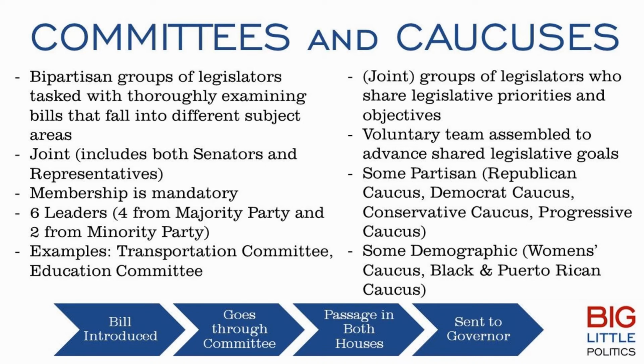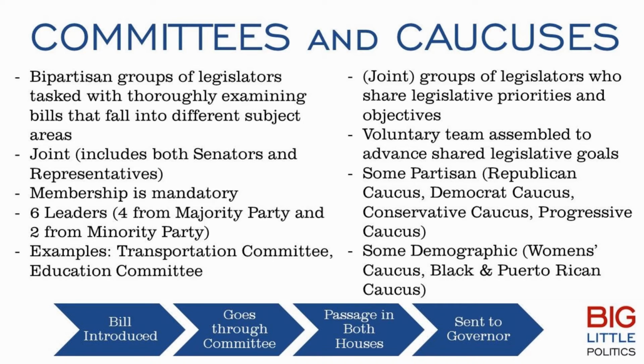So in making laws, all of these legislators will have a common objective, a common cause, whether that be a partisan cause like Republican, Democrat, conservative, or progressive, or a more demographic one. So you'll have a women's caucus, a Black and Puerto Rican caucus.